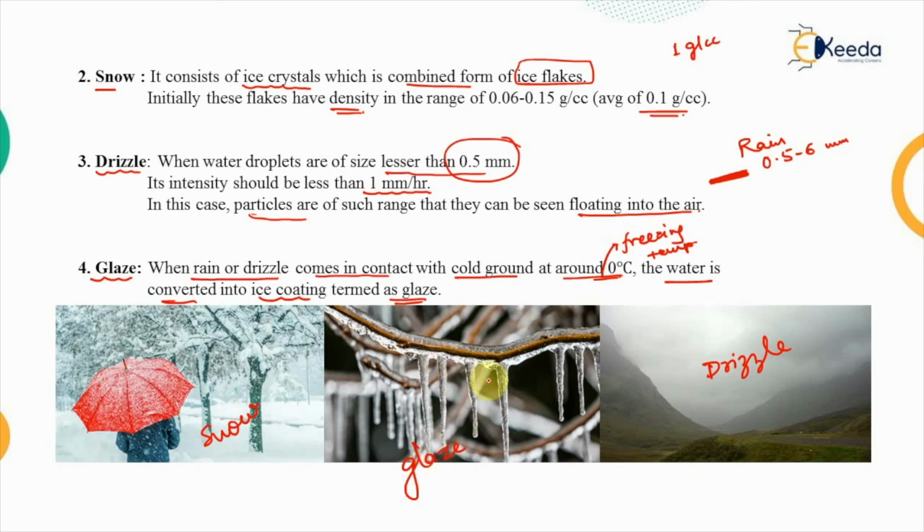You might have seen icicles forming because of the very low temperature of the atmosphere. The precipitation was happening in the form of water droplets, so be careful about that. The water droplets were falling through the atmosphere, but when they reach the ground or any object at 0 degrees, the freezing temperature, the water touches the cold surface and gets converted into an ice coating, which is known as glaze.